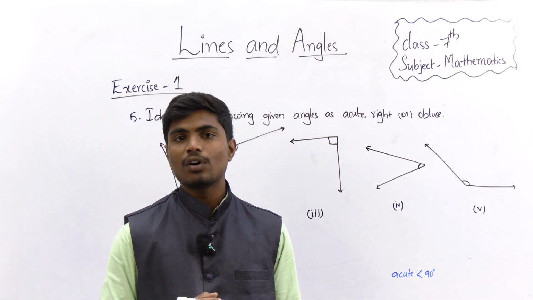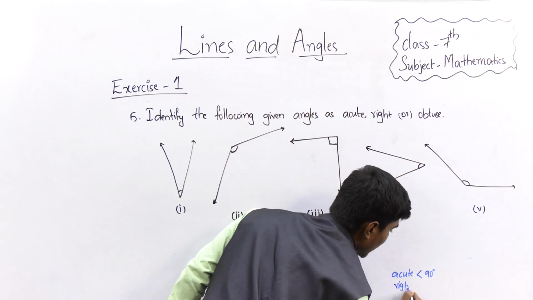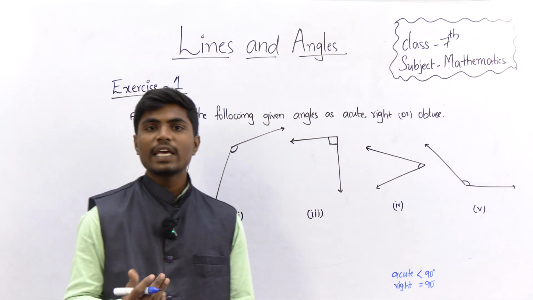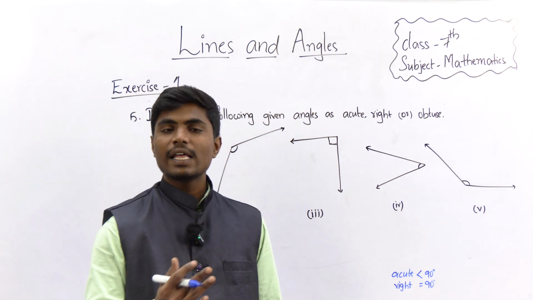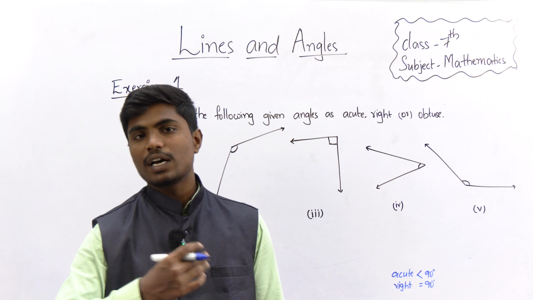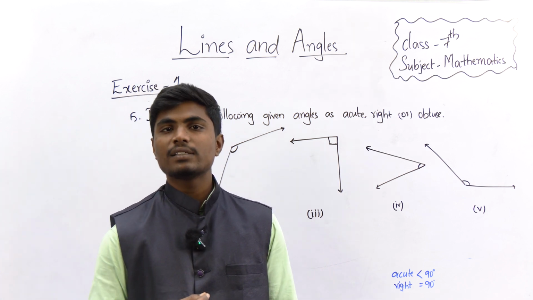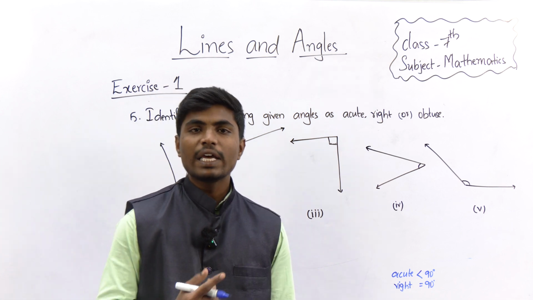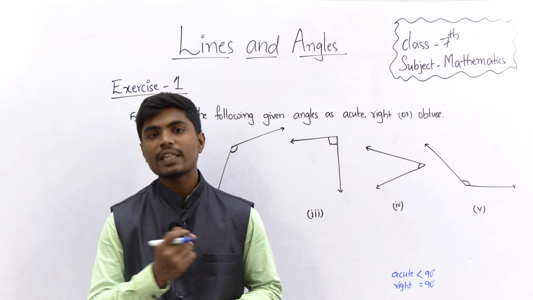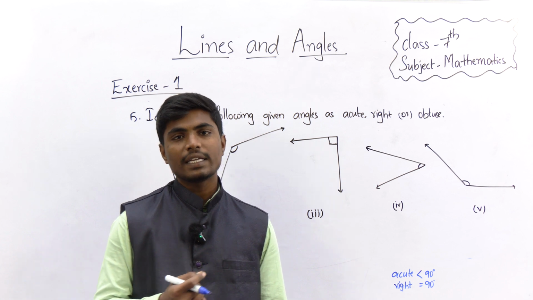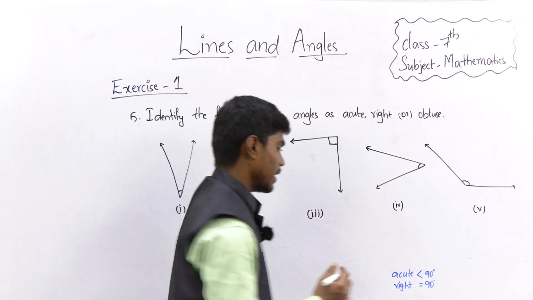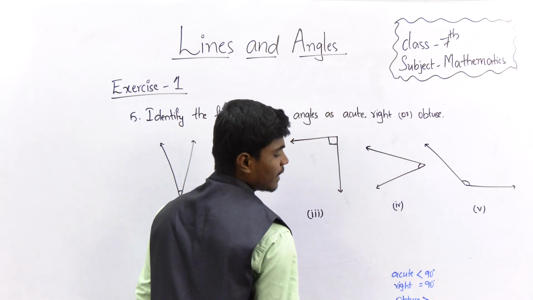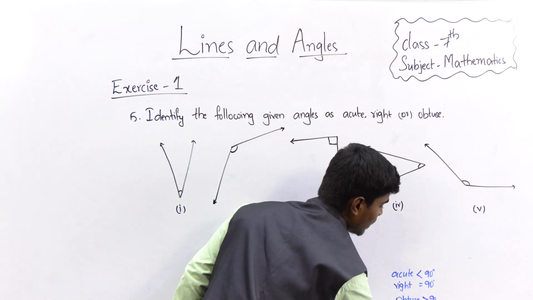If the angle is less than 90, it is called acute, and if the angle is equal to 90 degrees, then it is a right angle, and if the angle is greater than 90, then it is considered an obtuse angle. Obtuse angle means the angle should be greater than 90 degrees.